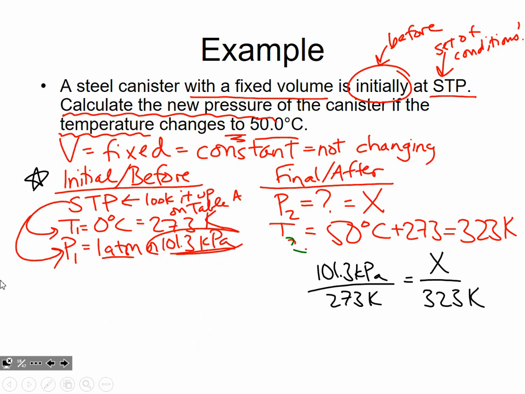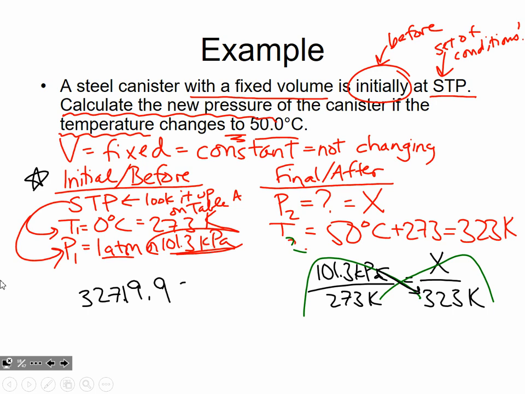Now solving this, you want to solve for the unknown. So remember math class, this is where you want to do your bow tie thing, your cross multiplying, right? That's what we're going to be doing. So I'm going to multiply 101.3 times 323 Kelvin. When I do that, I get 32719.9.